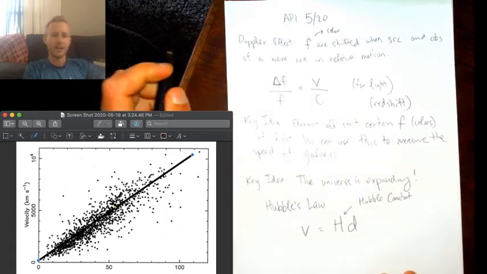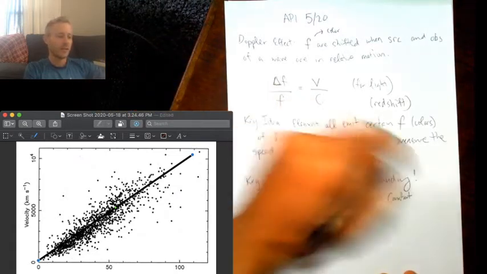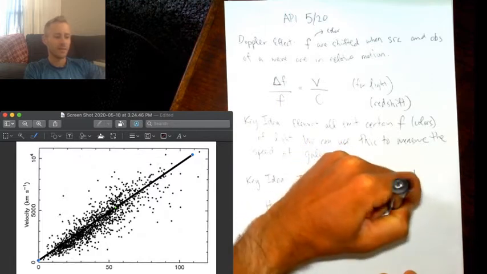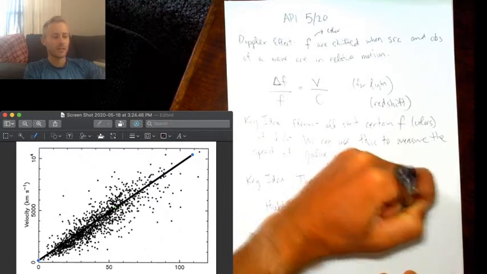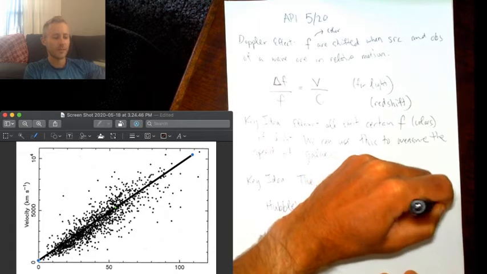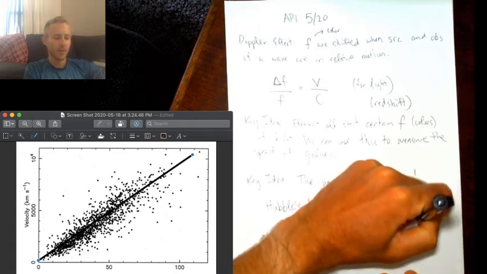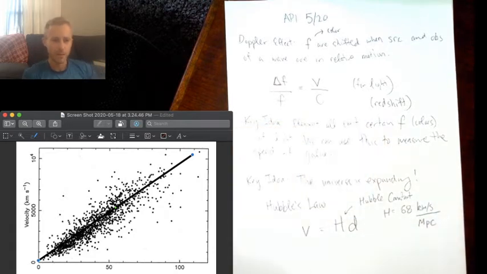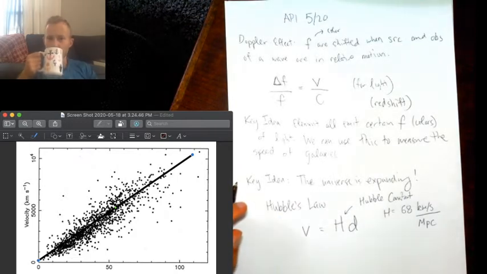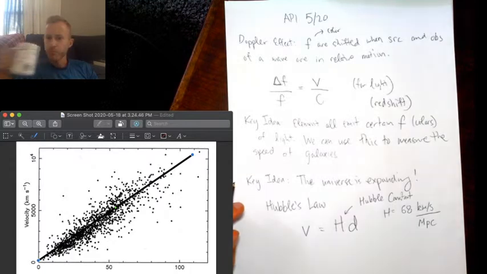And it has weird units. Its value is 68 kilometers per second per megaparsec. So again, that's really weird units.